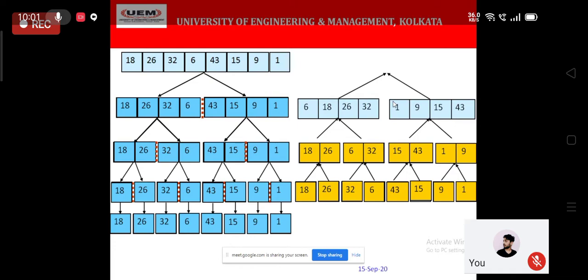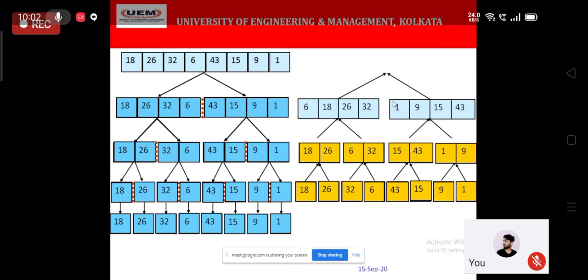So once you got these two subproblems, now you will compare these two arrays. 6 with 1, 1 will get the place. So the pointer now will point to 9. So now 6 will be compared with 9. So now 6 will get the place. Now this pointer is also incremented and pointing to 18. So now 18 will be compared with 9 and 9 will get the place.